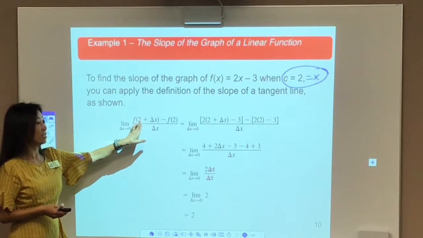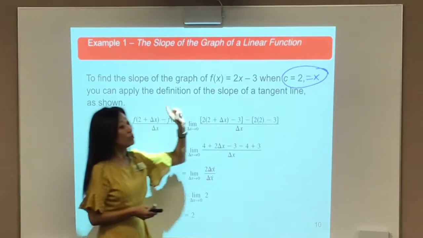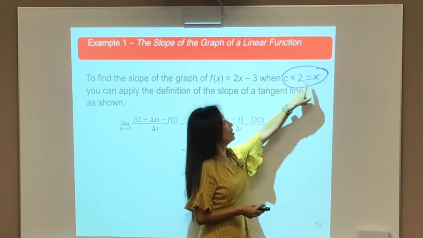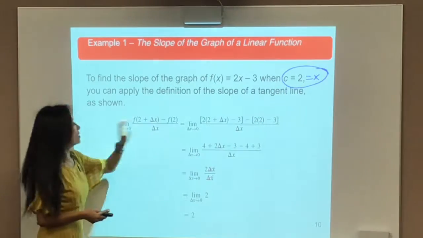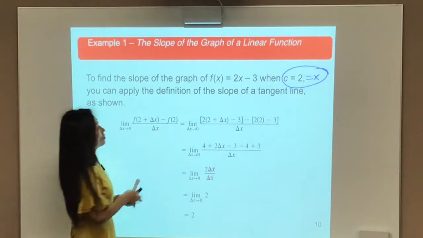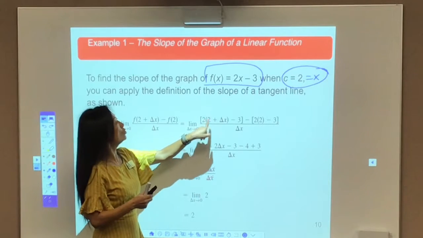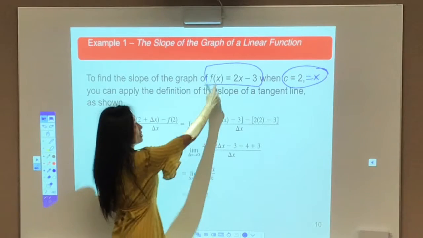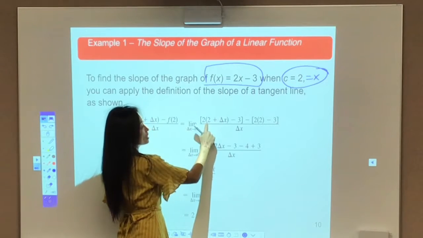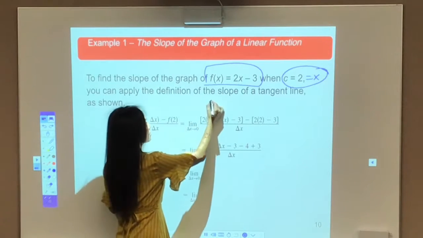I'm replacing c with 2, the exact number that I'm going to use, because they're only interested in x equal to 2. So 2 plus delta x minus f of 2, divided by delta x. So what's my equation? The equation says 2 times x. Whenever I see x, I replace it with 2 plus delta x. So this is that part.